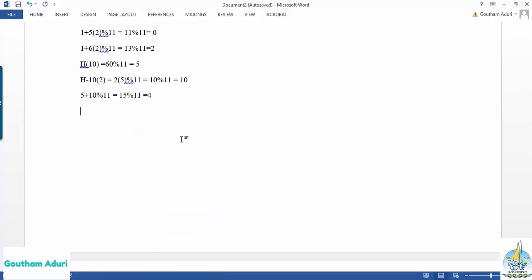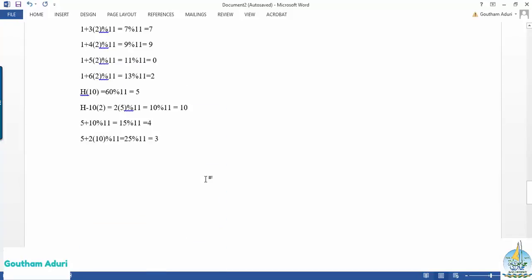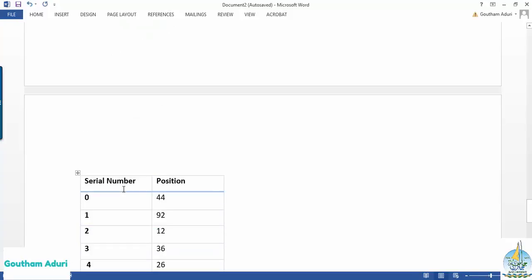Next, h1 plus 2 into h2, 2 into 10 mod 11, so it's 5 plus 20, 25 mod 11. 11 2s are 22, it's 3. Third position also getting collision. 5 plus 3 into 10 mod 11, so it's 5 plus 30, 35 mod 11. 11 3s are 33, and then 2 is also getting collision.